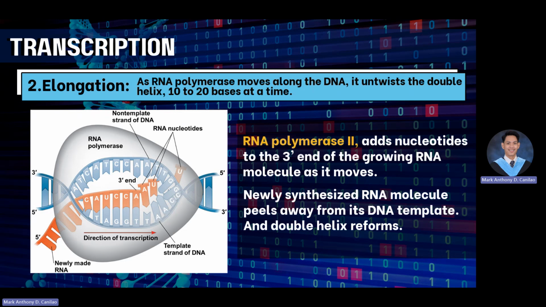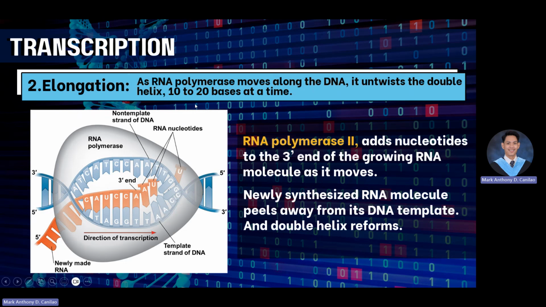Let us go back. In the initiation phase, there is this transcription initiation complex, which is made up of the promoter site, RNA polymerase, and the transcription factor. In the elongation, the prime enzyme is the RNA polymerase, which, number one, untwists and unzips the DNA, and second, adds nucleotides to the 3' end of the growing RNA.